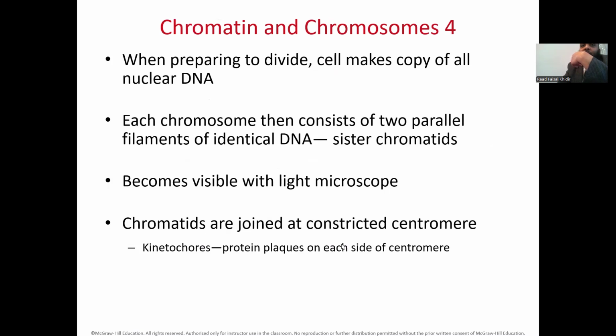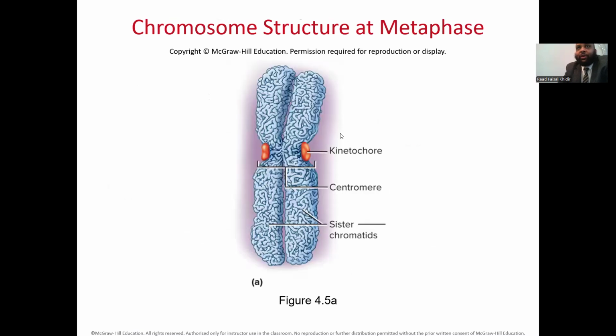The chromatids are joined at the constricted centromere, and there are kinetochores, protein plaques on each side of the centromere. Those are the kinetochores that the microtubules attach to when we want to separate and detach the 2 sister chromatids.